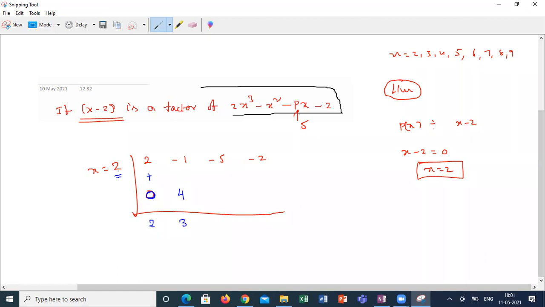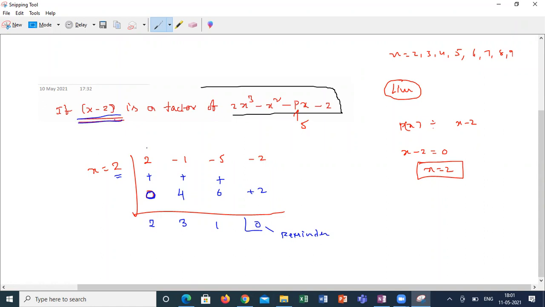And multiply with this. 6. And add both. 1. Multiply with this. 2. 0. If you are not getting 0, this is a remainder. You already clearly gave this is a factor, so definitely you will get 0.